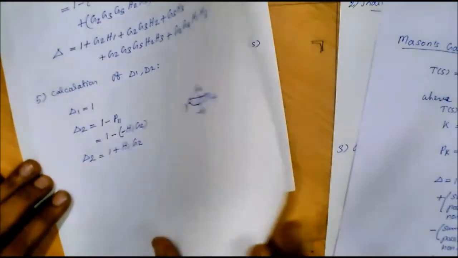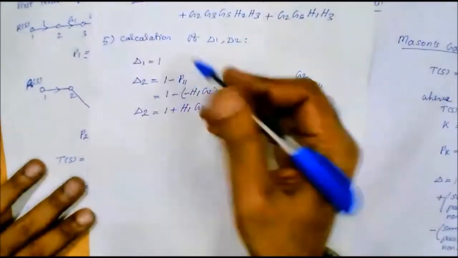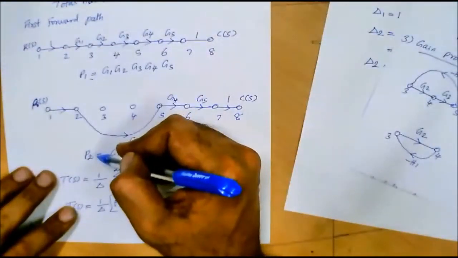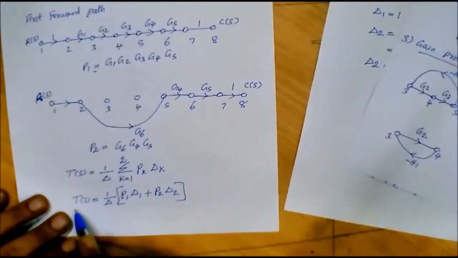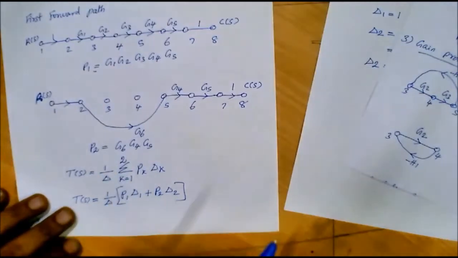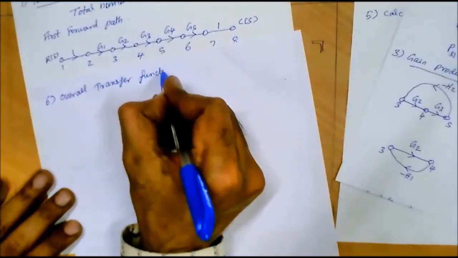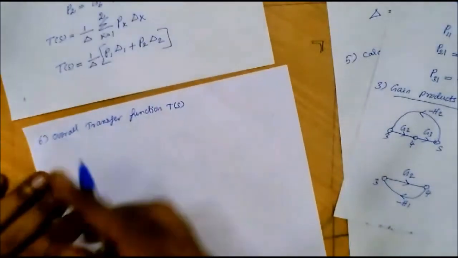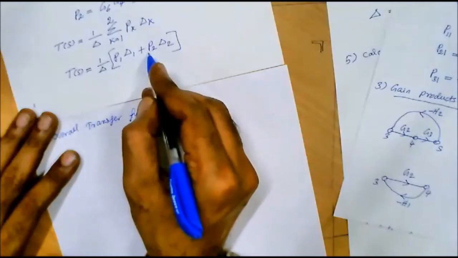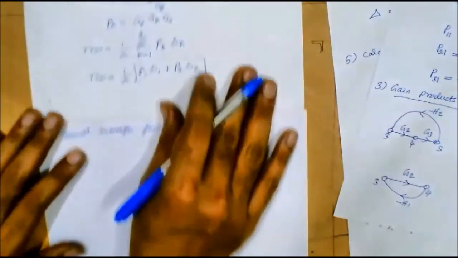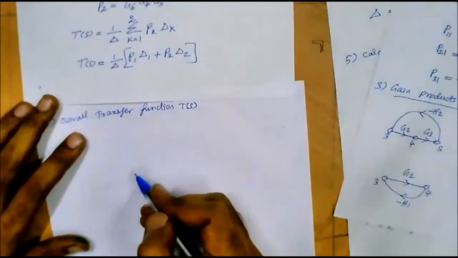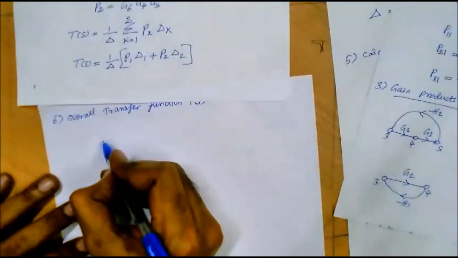So now we know all the values, delta 1, delta 2, P1 and P2. So now we can substitute all these values in T of S, so we can find the overall transfer function. The formula is T of S is equal to 1 by delta into P1 delta 1 plus P2 delta 2, then P3 delta 3 value is 0. So we know all the values, so we can substitute it here.